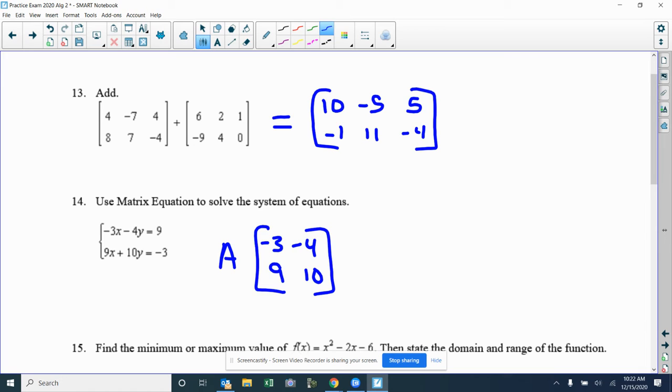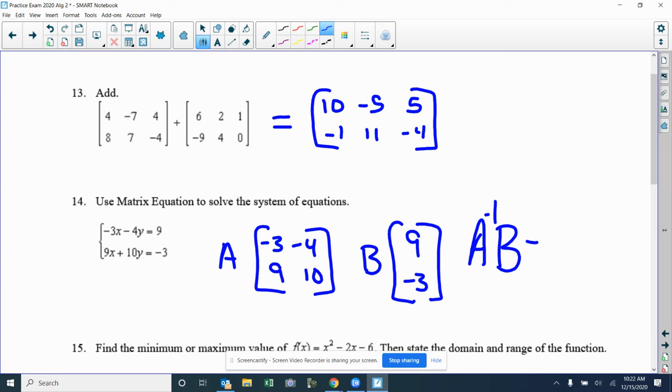And again, it is multiple choice, so am I going to be able to tell what you're using? No, you can always go substitution or elimination if you can't remember. Remember, you're going to say A inverse times B, and it'll pop out with your X value here and your Y value here.